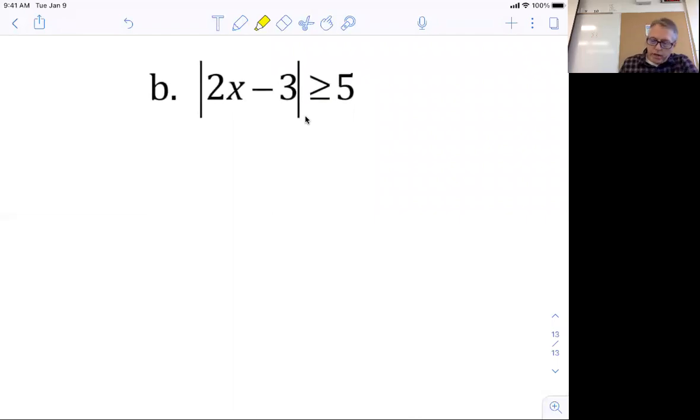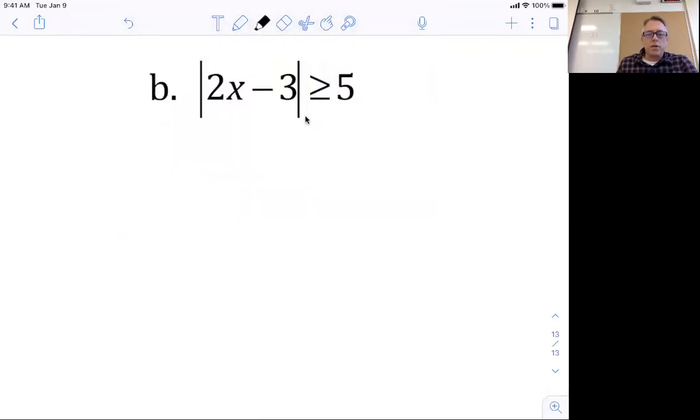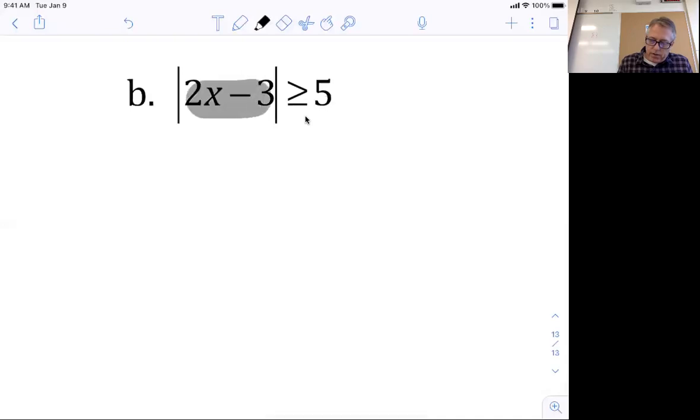Just to read what this question means, we want the stuff that is inside of the absolute value to be greater than or equal to 5 units away from 0. Again, this stuff inside the absolute value, we want it to be more than 5 units away from 0.